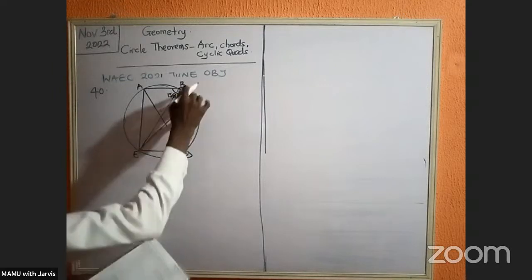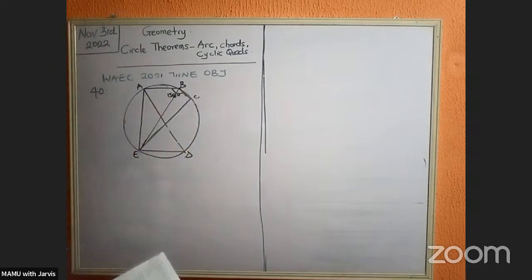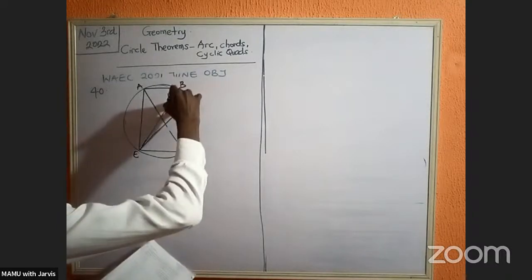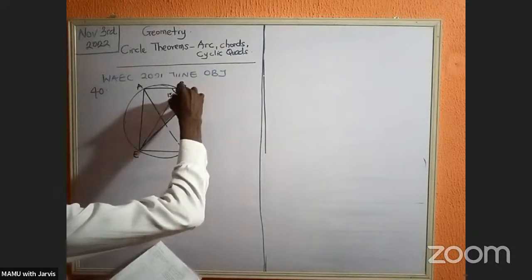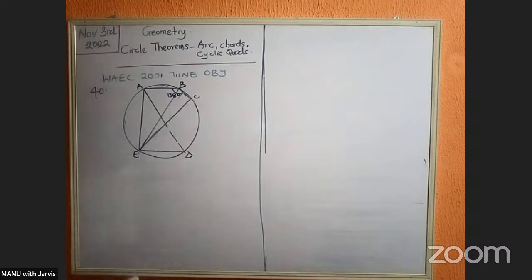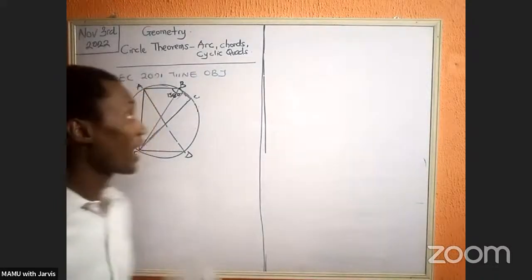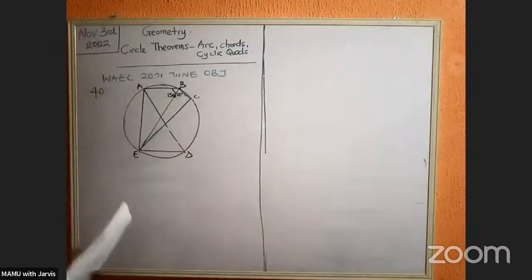Now, if this is a diameter, the angle formed at, okay, we'll come to that later. The angle formed at this point must be what? 90 degrees. We call it semicircle. Semicircle.